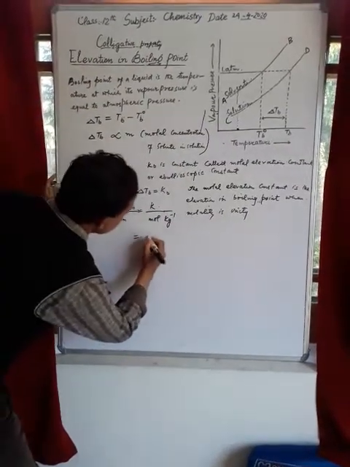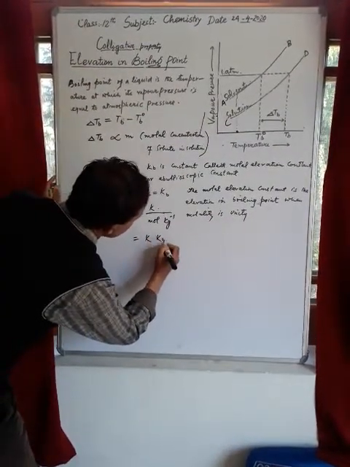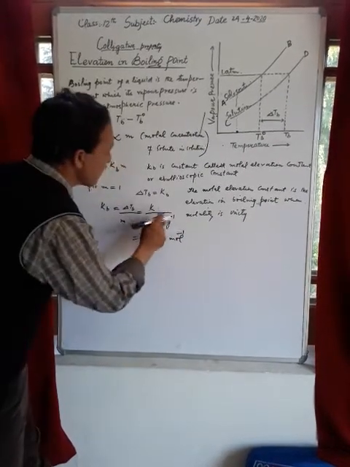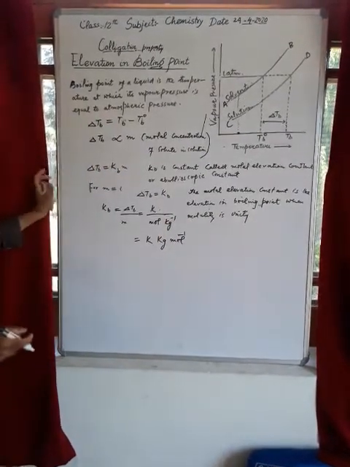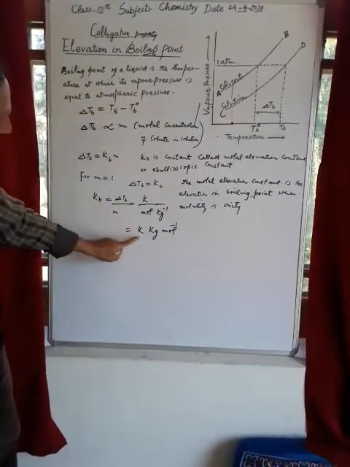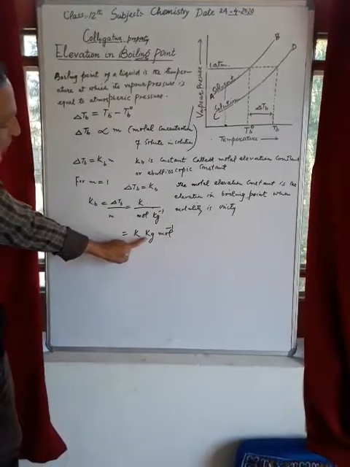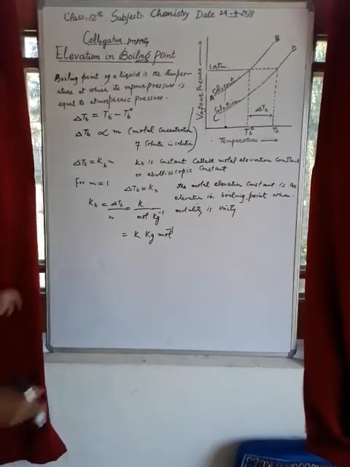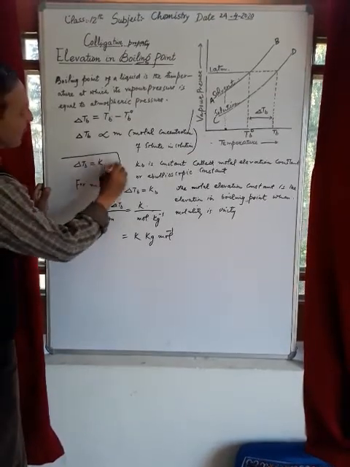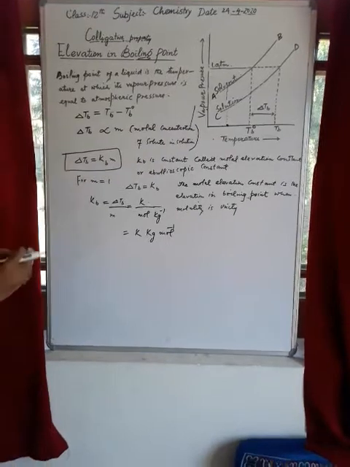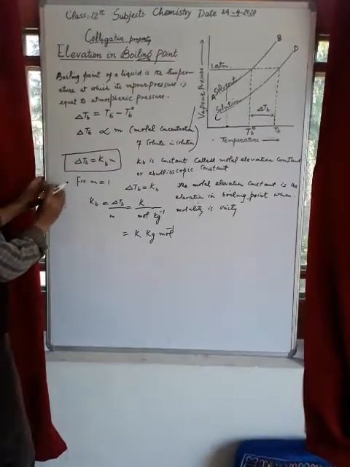Or we can write it as kg per mole. So the unit of molal elevation constant is Kelvin kg per mole. So now we will derive the expression.